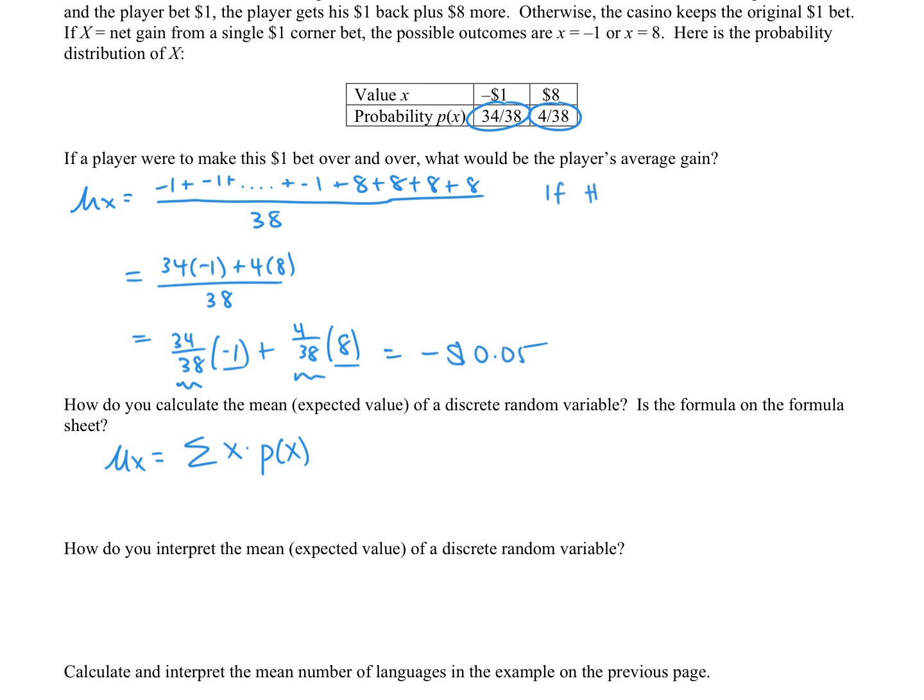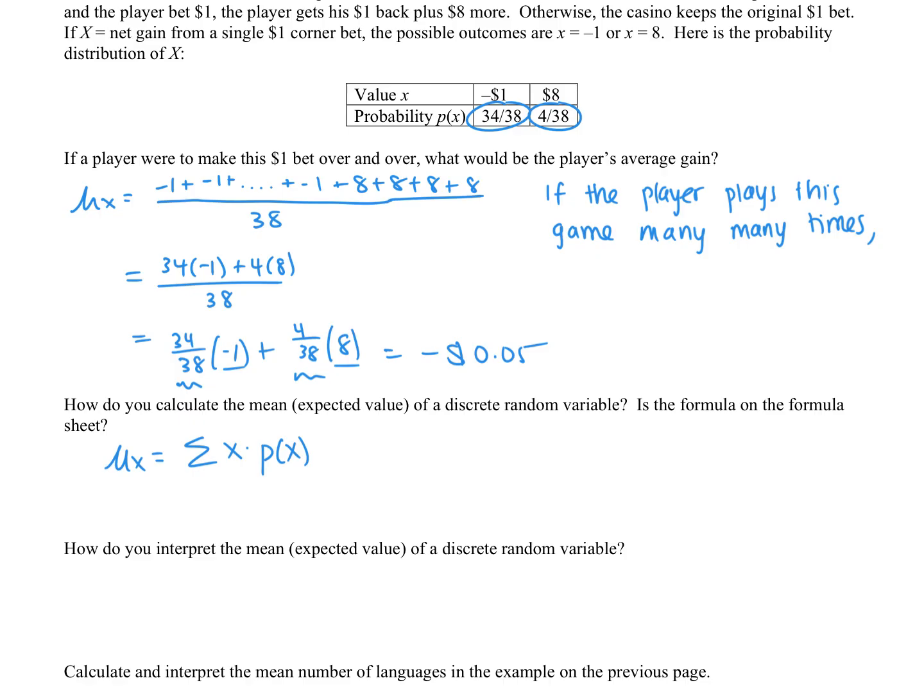So if we go to interpret, if the player plays this game many, many times, notice the long run here is playing the game. It's not people. It's not many people. It's many times playing the game.